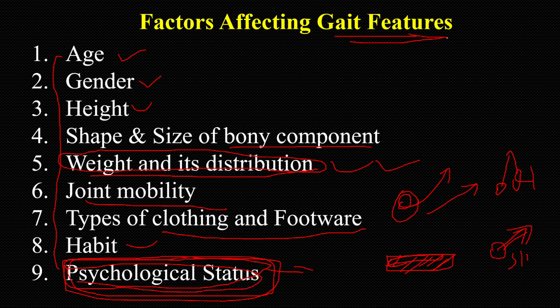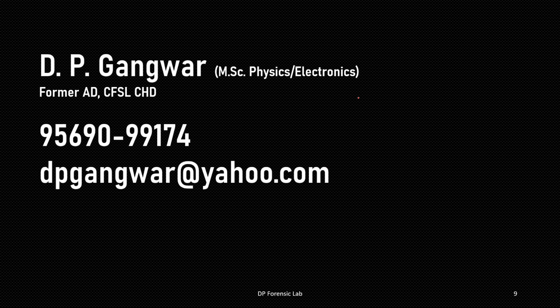So keep in mind this type of situation or factor can affect the parameters of gait analysis while we are going to analyze gait features for human identification. So in today's video I tried to explain the parameters or methods for gait analysis based on footprint.